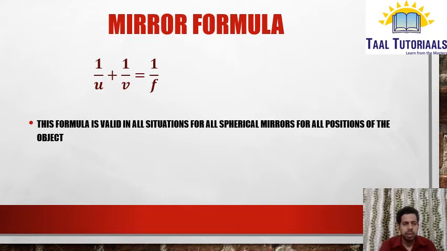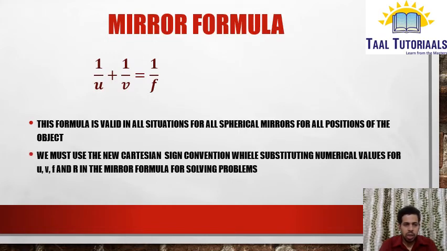You can use the same formula, but you have to keep in mind the sign conventions, which we will get to know once we solve a few numericals. We must use the new Cartesian sign convention while substituting numerical values for u, v and f in the mirror formula for solving the problems. Anyway, r is not mentioned here, but if the radius of curvature is given and you want to find the focal length, we have the relation r = 2f.